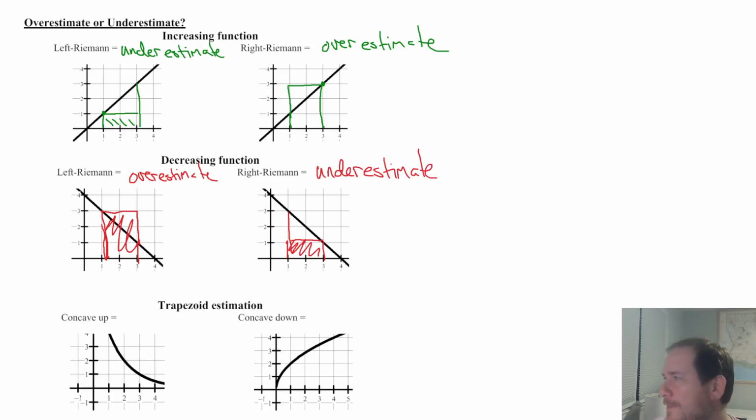And then notice that with the trapezoid rule, it's not about whether we're increasing or decreasing at all. It's about whether we're concave up or down. So again, on the same interval from 1 to 3, if I connect these dots with a straight line to make my trapezoid, that straight line goes over the curvature of the function, and therefore it gets an overestimate.